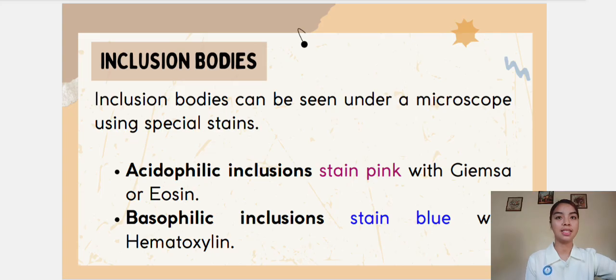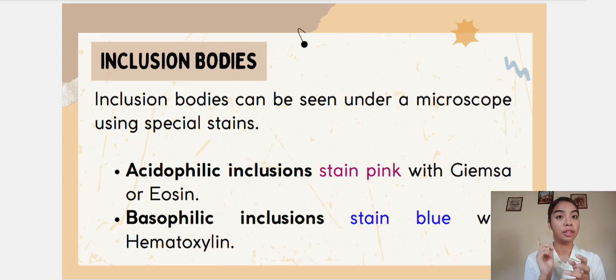So inclusion bodies can be seen under a microscope using special stains. As we said earlier, inclusion bodies are very important in identifying viruses. We will know what kind of virus it is because of their inclusion bodies; each has a specific location and its own appearance.